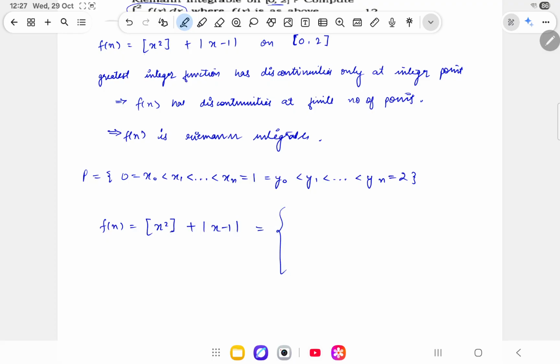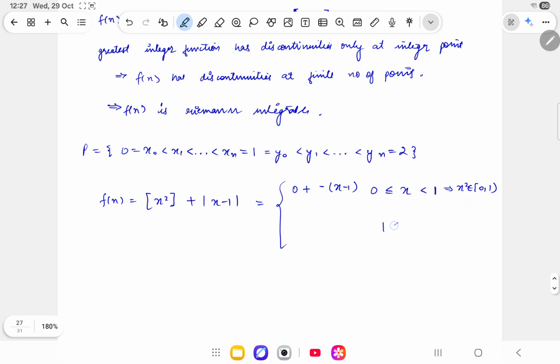So let's partition it. When x lies in the interval 0 to 1, x square also lies in 0 to 1, so this function will take value 0 plus minus of x minus 1.